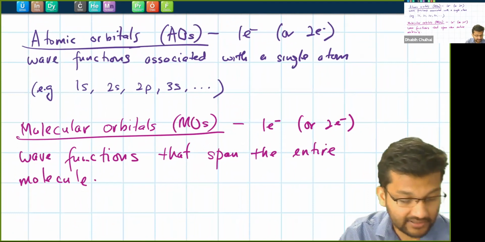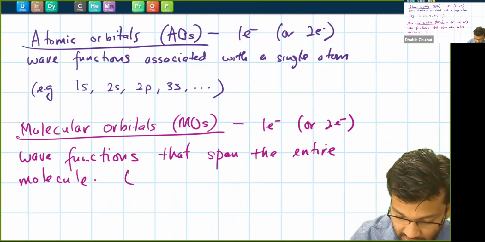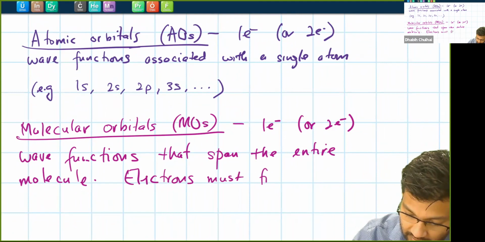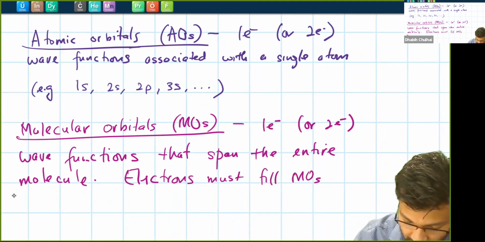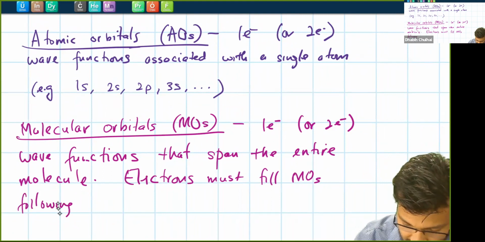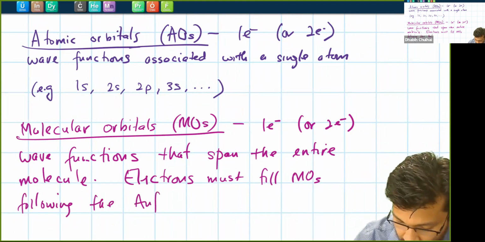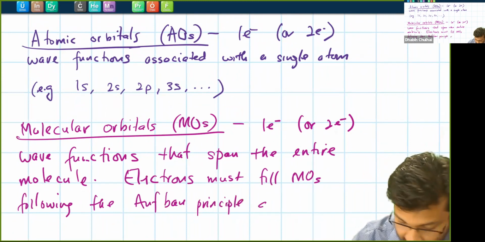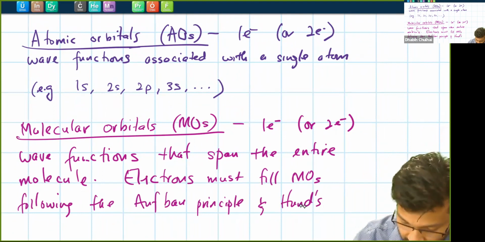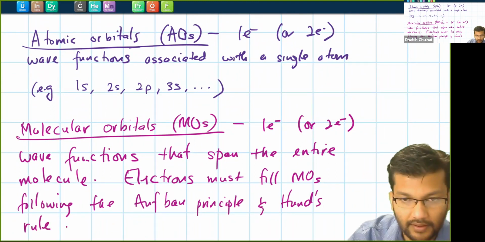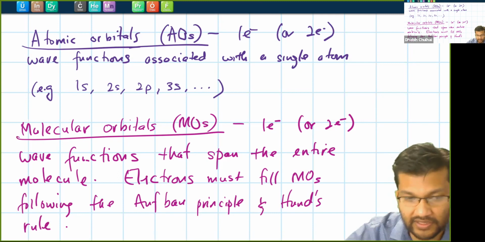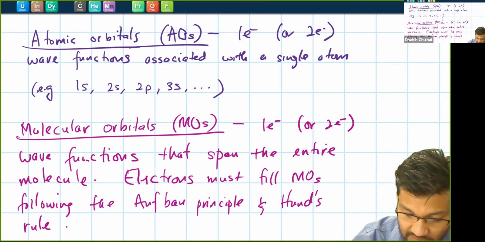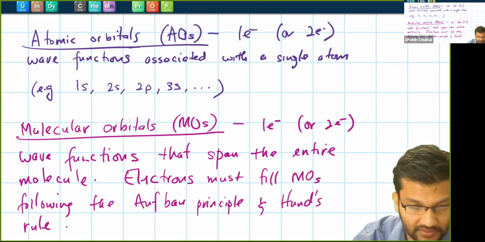Similar to atomic orbitals though, electrons must fill molecular orbitals following the Aufbau principle, meaning we fill from lowest energy first, and also using Hund's rule, meaning that if they're degenerate orbitals, we fill them with 1 electron first before coming back to fill them with more electrons. So that's the difference between atomic orbitals and molecular orbitals.